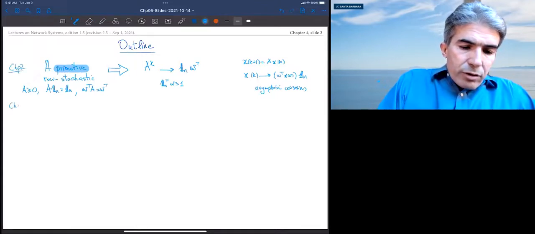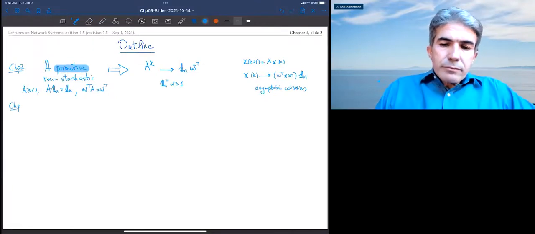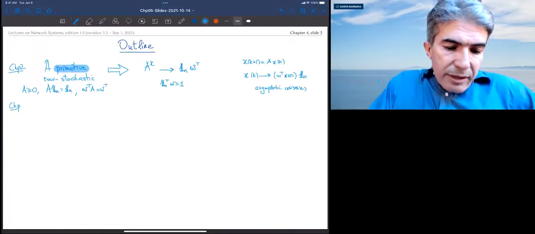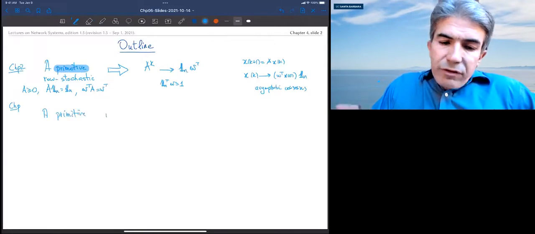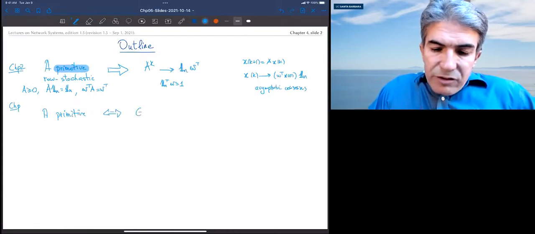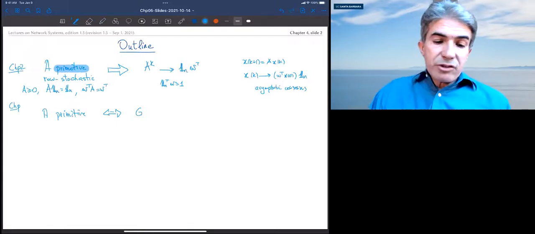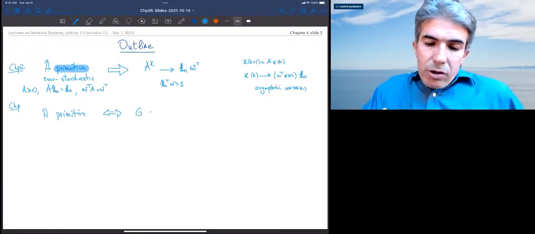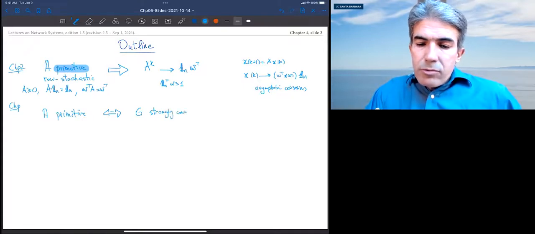In chapter 4, we've seen that A is primitive if and only if the directed weighted graph associated to A is strongly connected and aperiodic.